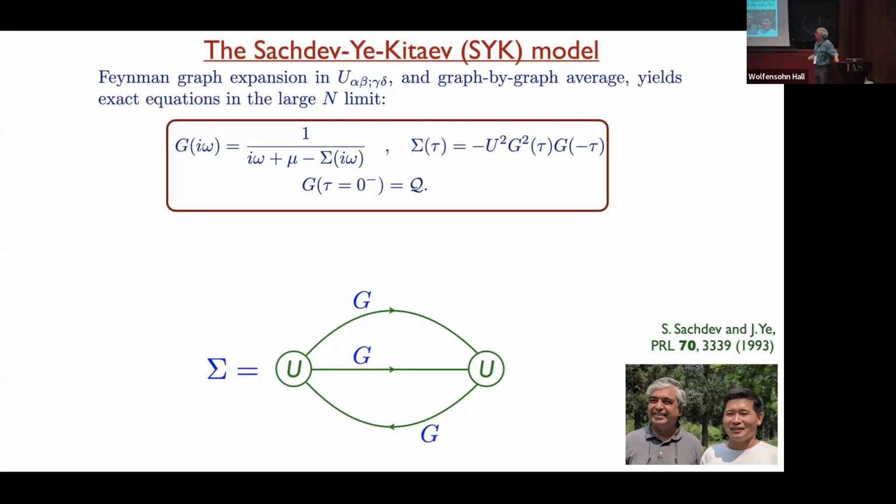All right, so these are the equations I wrote down in 92. And I thought I'd solve them in a few weeks with the help of Jinwoo, but no, we made some progress, but we're still learning new things about these equations, especially understanding the full singularity structure, which only became possible by the work of Maldacena and Stanford.